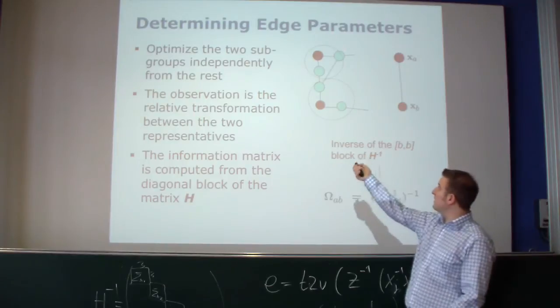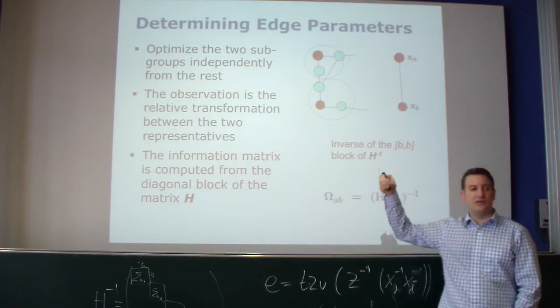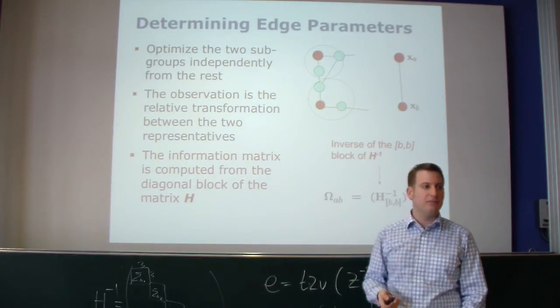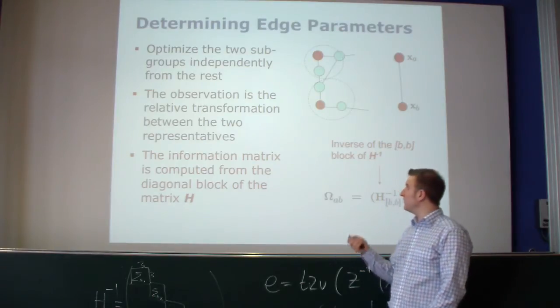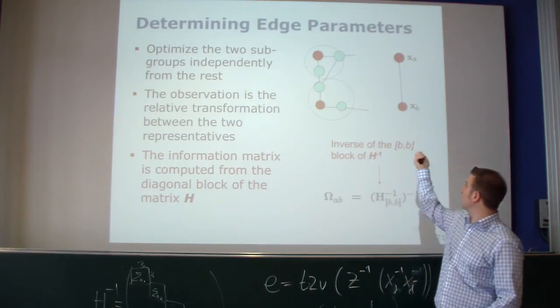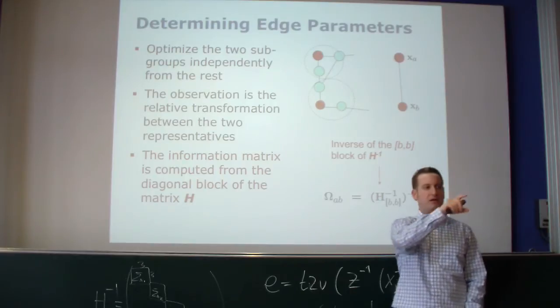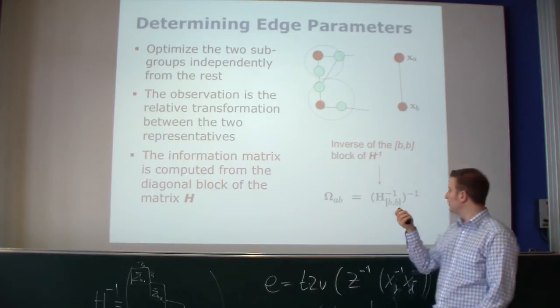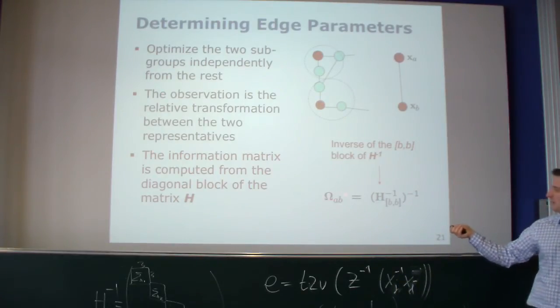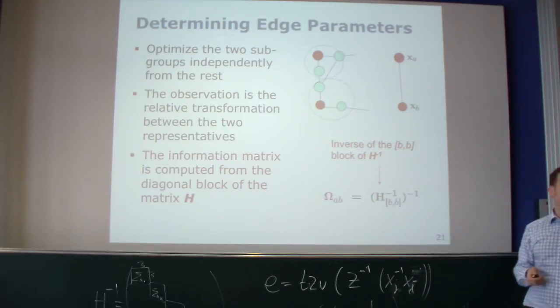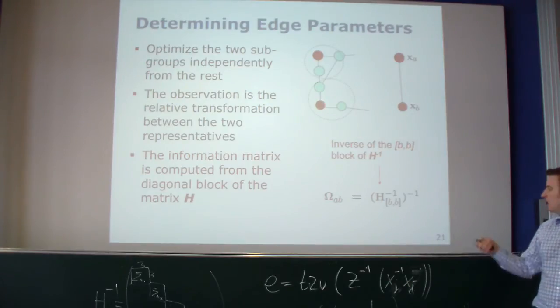And this I do by taking the H matrix corresponding to this subset, and I invert it, so I compute the covariance matrix. Then I cut out the block that corresponds to this variable B, so the B block of this matrix, and invert that. So I've written in here that the information matrix between A and B on this higher level of my pose graph corresponds to the inverse, cutting out the block BB and inverting it again.